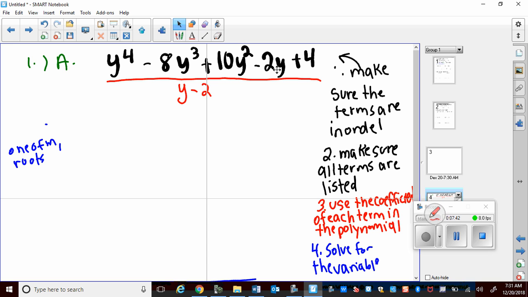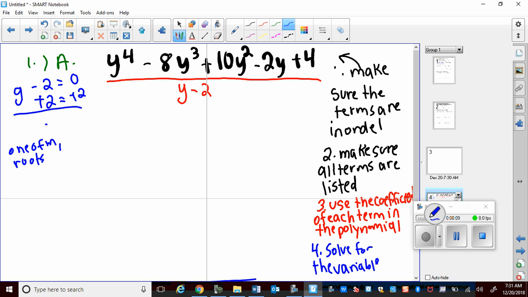So, first step, I said make sure the terms are in order. They are. So, for my binomial, I'm going to solve for one of my roots. So y minus 2 equals 0. So I add 2 to both sides, and I get that y equals 2.